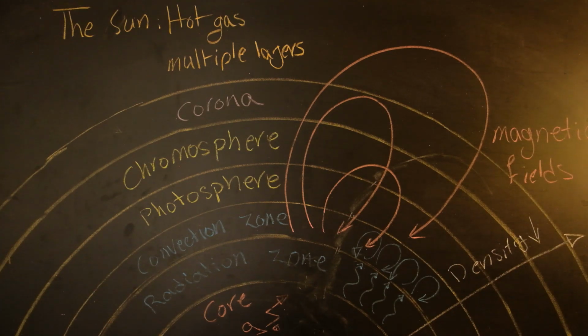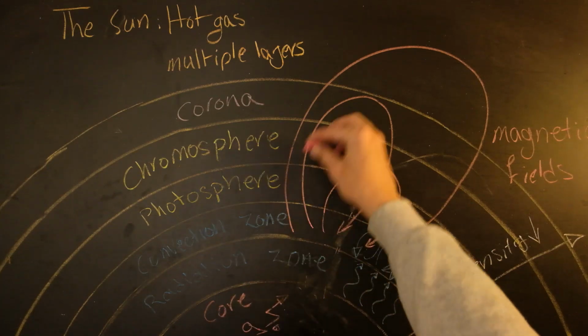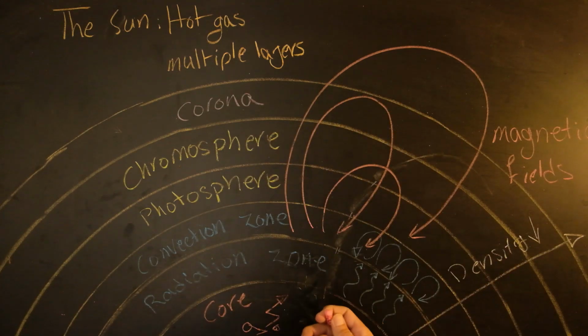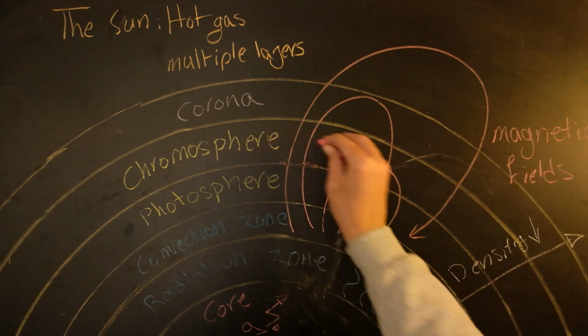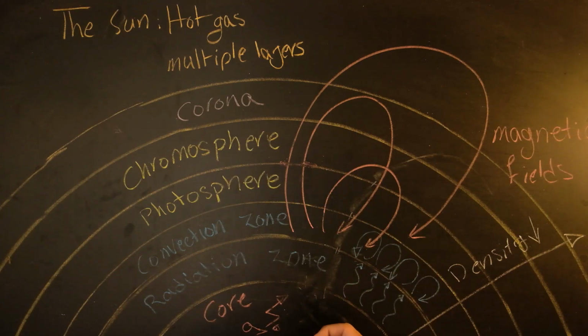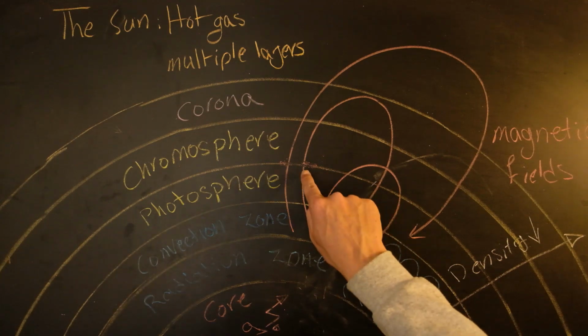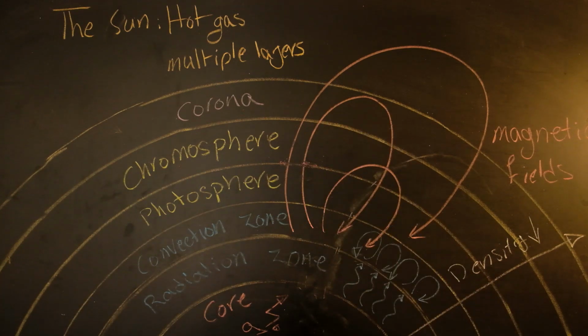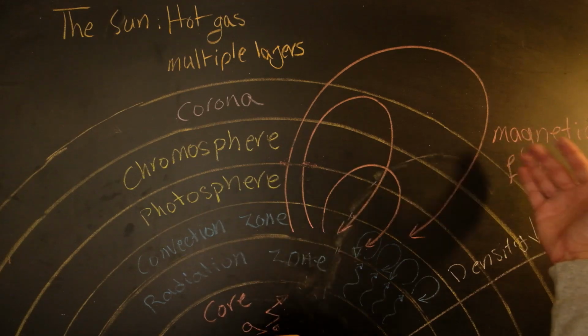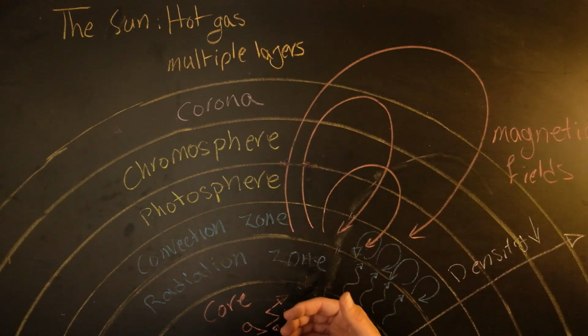Another important thing about this magnetic field is that because particles move along the magnetic field and they lose energy, these areas are cooler. Okay? Because they are cooler, they look darker than their neighboring points. And these are called sunspots. When we look at the sun, basically what we see is the photosphere.